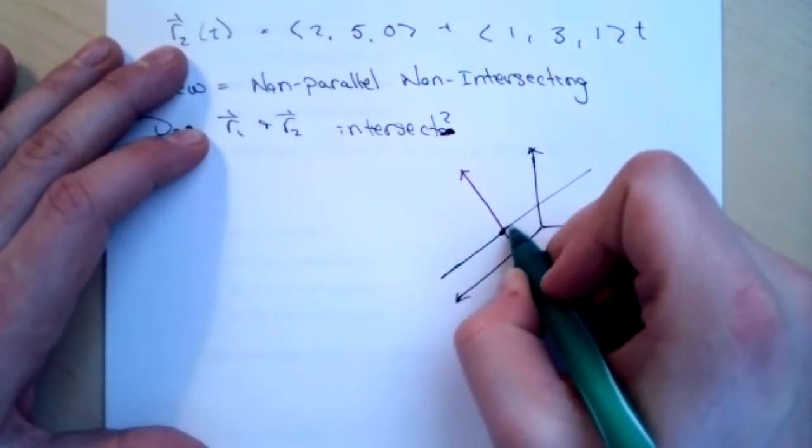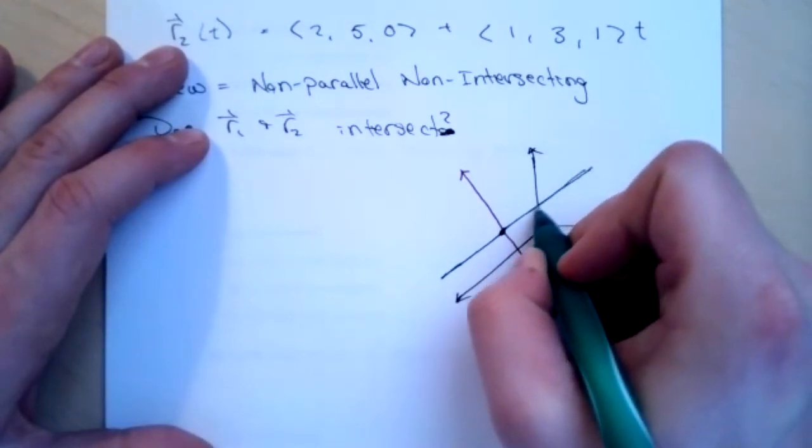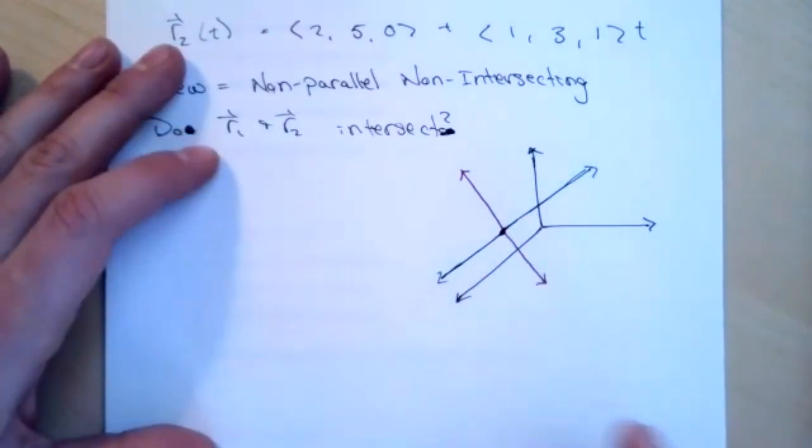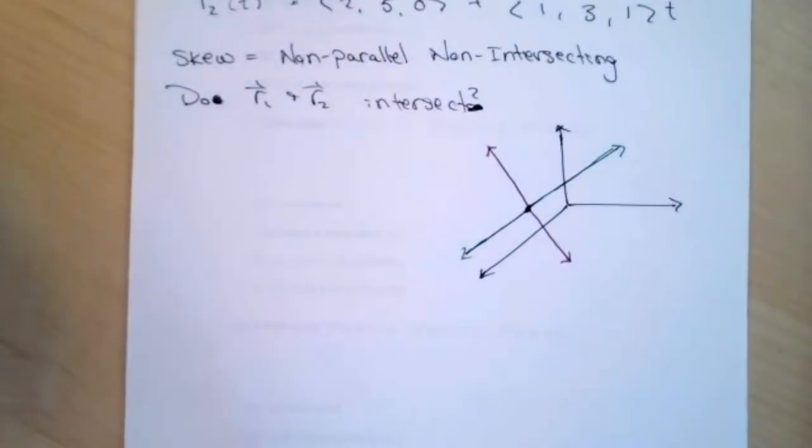I should be able to find this point. In 2D, with just two equations of lines, it's pretty easy to do. We can write both equations in point slope form or slope intercept form, solve for y, and then set the two equations equal to each other.